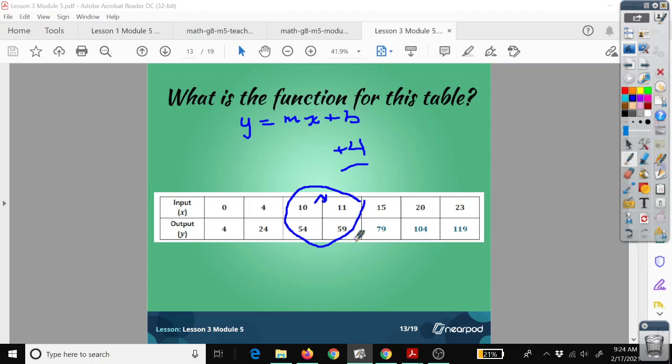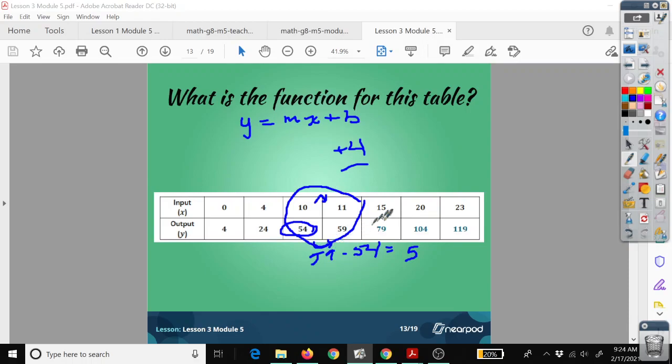59 minus 54 is 5. So if I do 10 times 5, and then add 4, I get 54. 59 minus 54 is 5.